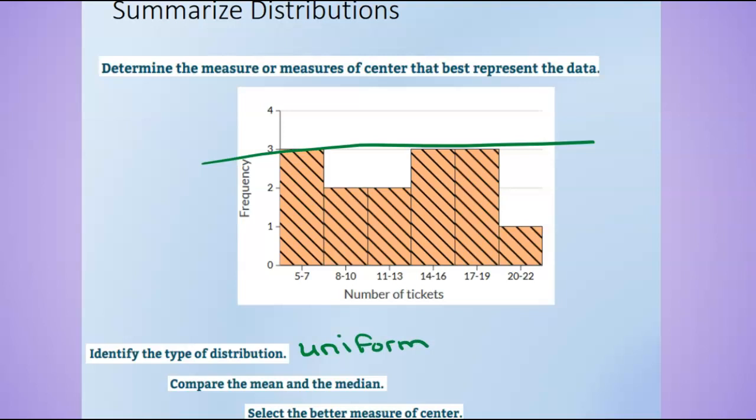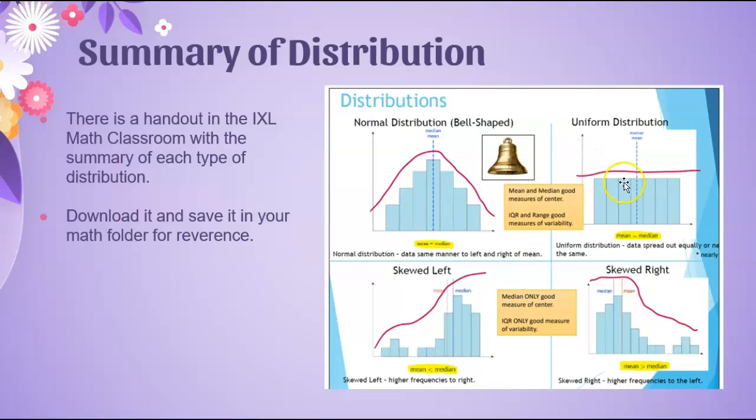So we can pretty much say that right here in the middle, our mean and median are going to be about the same. Because we know that in a uniform distribution, if you look at your handout, mean and median are about the same right in the middle.